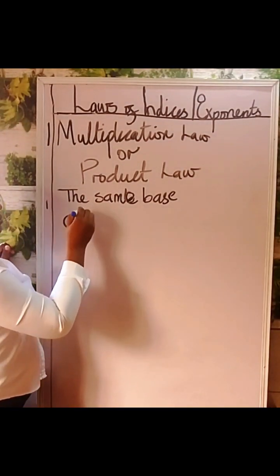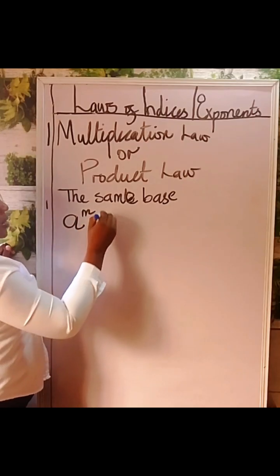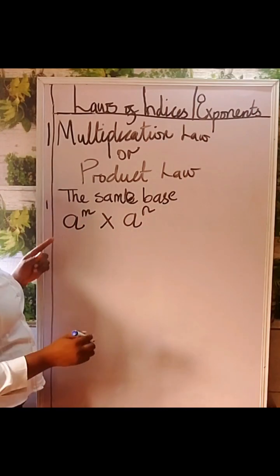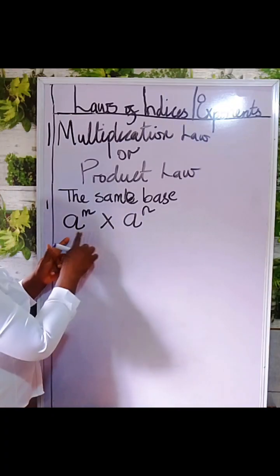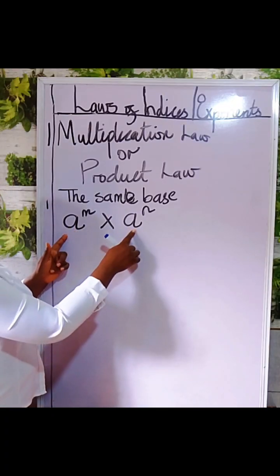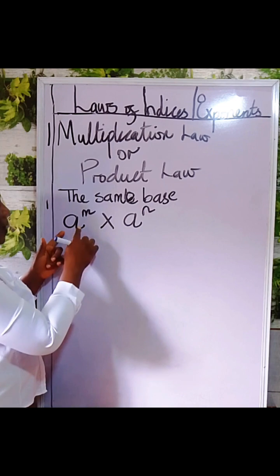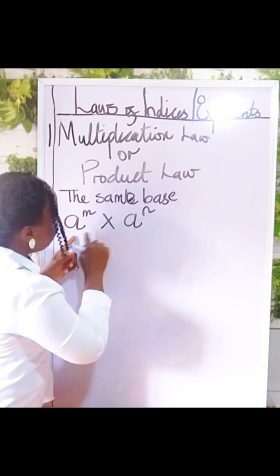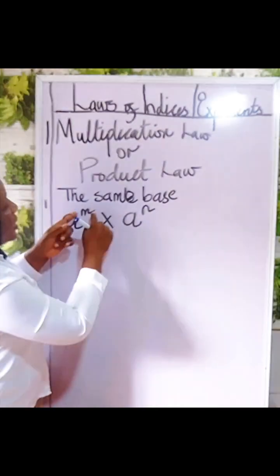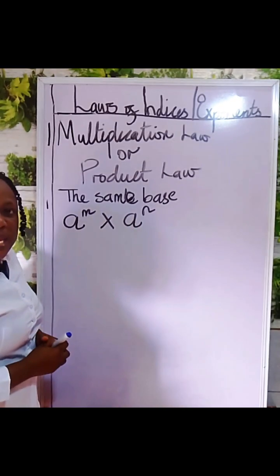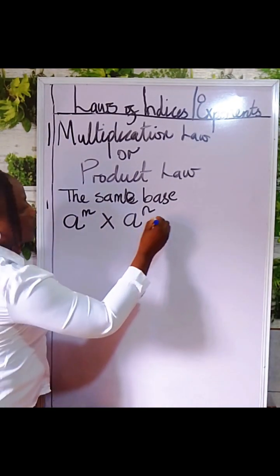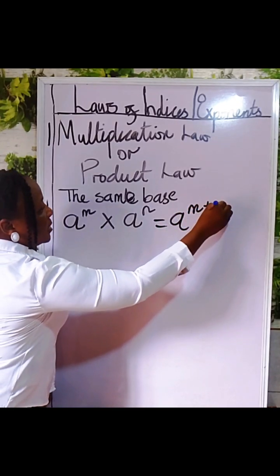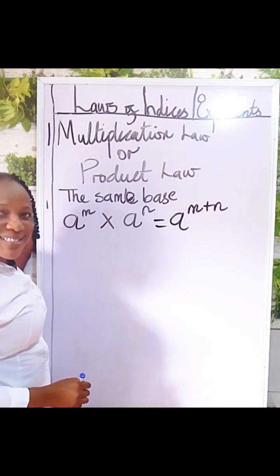So if A is raised to power m, then you now have times A raised to power n. They have the same base, the same A and A. So according to the law of indices, when they have the same base, then their powers must be added: A to the power m plus n. That is how to do it.